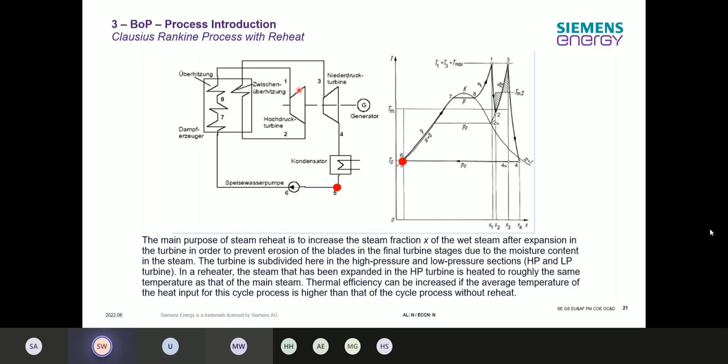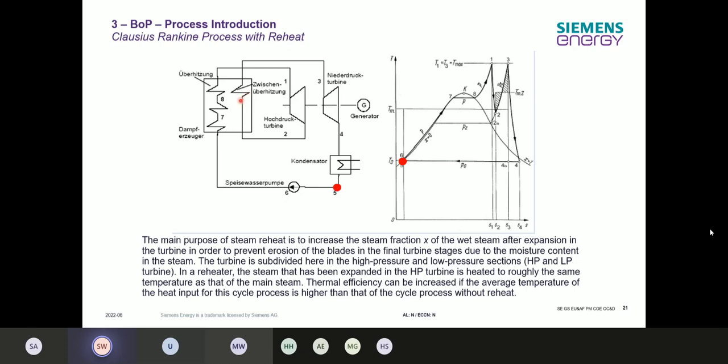From the HP turbine, the steam will be sent back to the boiler. We have an intermittent heating, so the reheating, that's the word. Reheating over here.